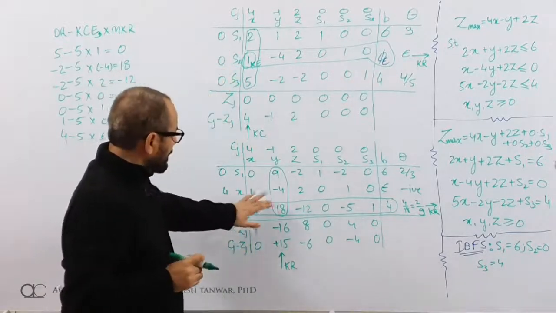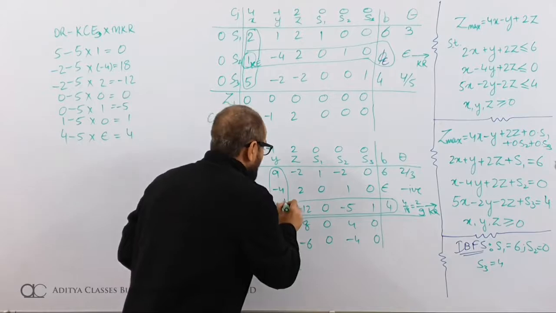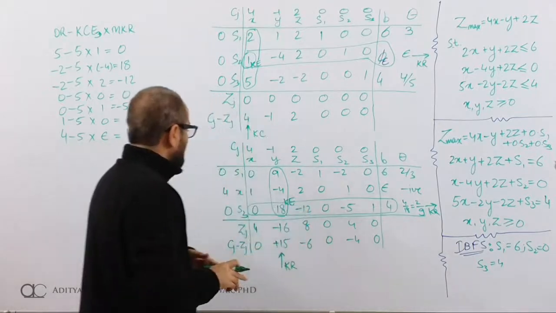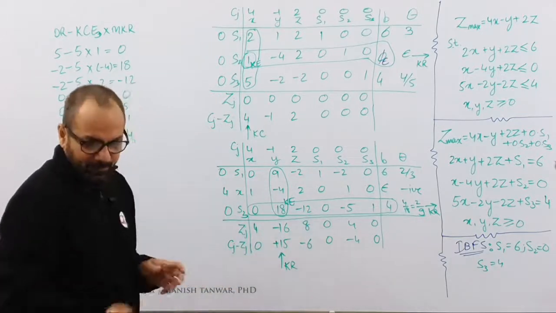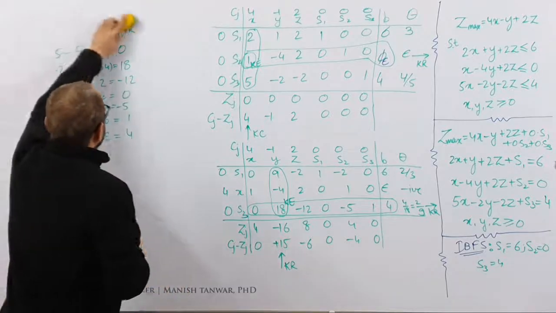This was our key row. This is our key row. This is our key element. So let us transfer this table to the new table.